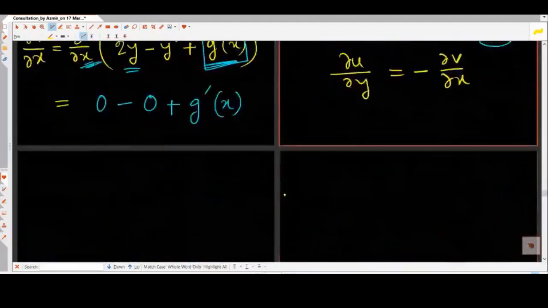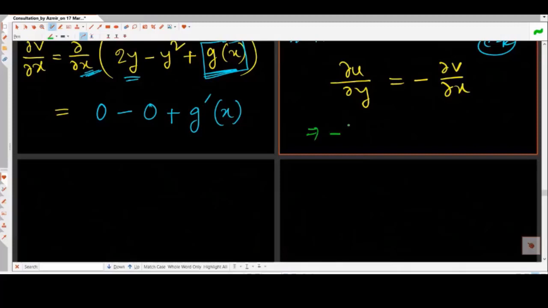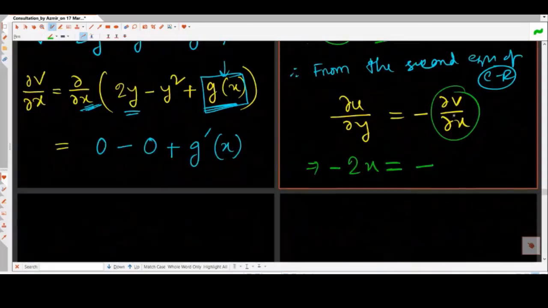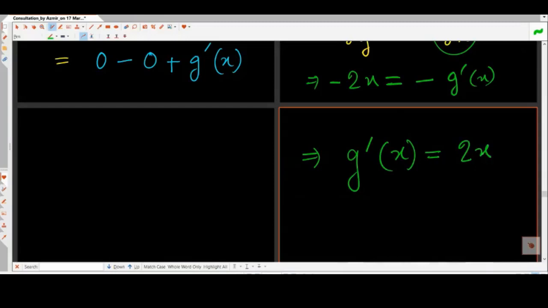We are going to plug that in here. So negative 2x equals negative dv dx. Just now we found dv dx is g prime x. So this is g prime x. Finally, you can see that on both sides we have a negative sign, so we can skip that negative sign. So we have g prime of x equals 2x.